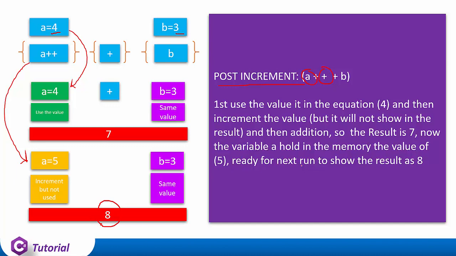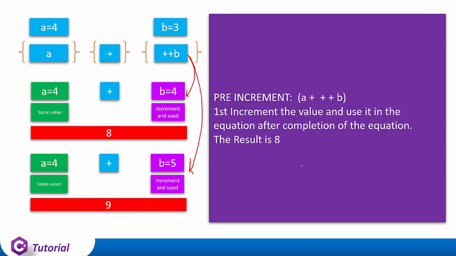What about the pre-increment? If I say post-increment or pre-increment, the same thing applies to the decrement as well. So with the pre-increment, what's going to happen? The value of a is going to come as it is, no problem with that. But we have an issue with b because it is a pre-increment. So what's going to happen?